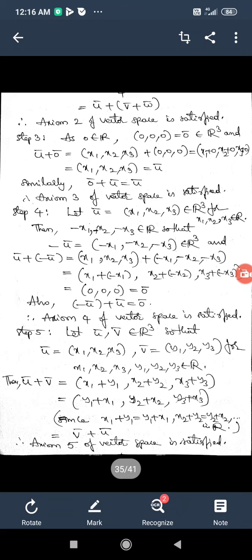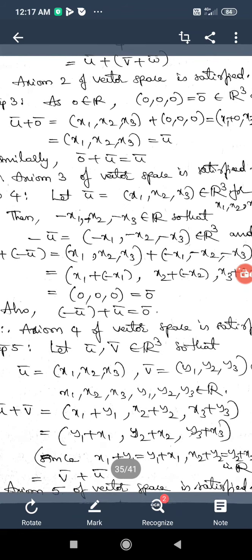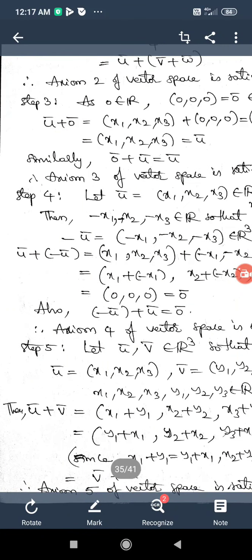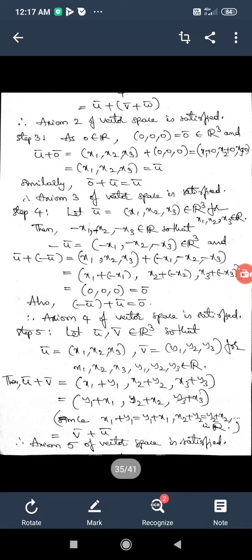This we could write by using the property of addition of two vectors in the set R3, and this is nothing but 0, 0, 0, an ordered triad of all zeros, denoted by 0 bar. That is how u bar plus minus u bar is equal to 0 bar. We can also prove that minus u bar plus u bar is again 0 bar. So axiom 4 of vector space is satisfied in the set R3 over the set R.